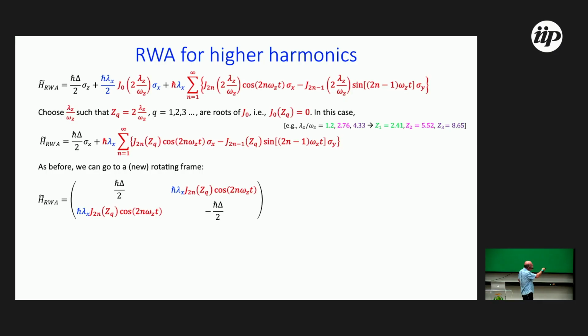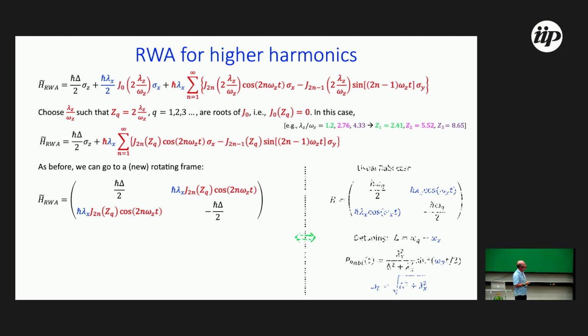You would do the same thing for that. So this is basically what I had before. I'll do the rotating wave again. Same story, as I showed you before for the transverse drive.